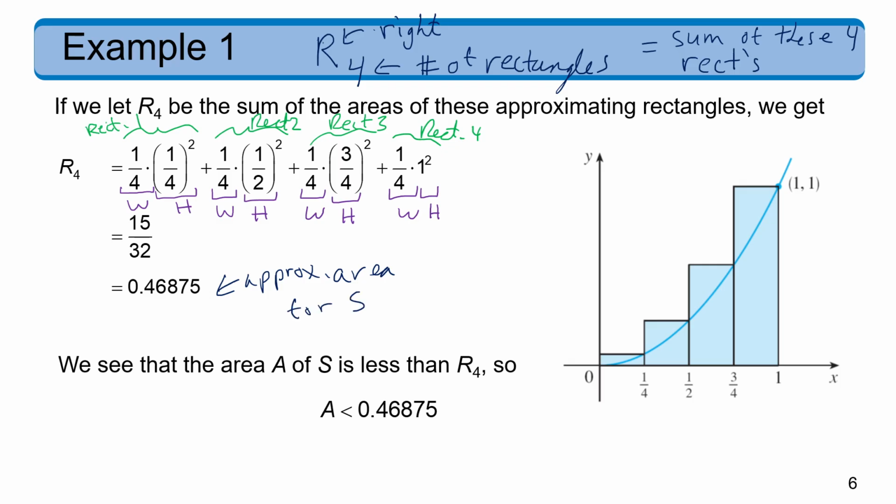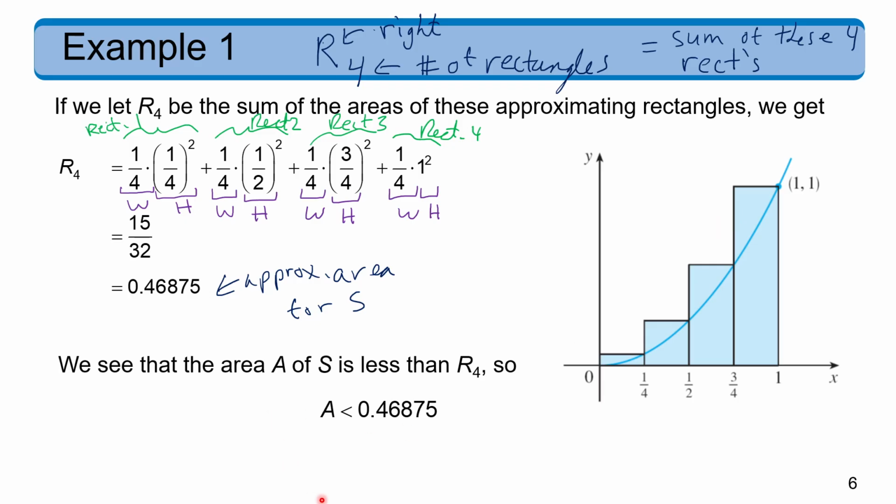Now, look at the area we just found. R4 is the sum of all these blue shaded rectangles. The area we're looking for is below this curve. So you can see from the picture the area we found is a little too big because it sticks up above the region we're looking for in some places. So we know that our approximation is too big.